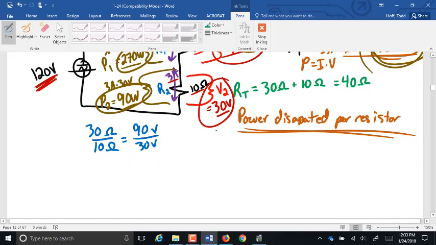Maybe more useful is the ratio of resistance to total. The total resistance here was 40. Resistor 1 is 30 ohms out of a total of 40. So its voltage out of a total of 120 volts ends up being 90 volts as the voltage drop. Does that make sense?